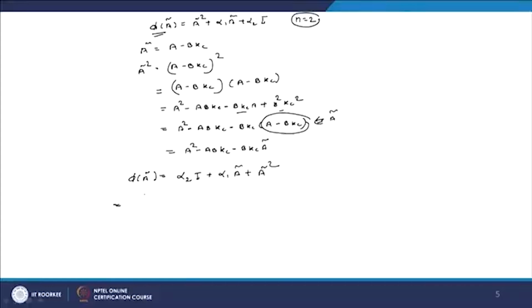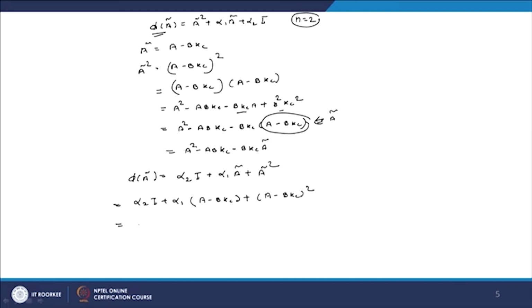This is the equation we have written according to the Cayley-Hamilton theorem. Now we replace the values of A bar and A bar square in these equations. So we can write this as alpha 2 into I plus alpha 1, what is A bar? A bar is A minus B Kc, where Kc is the controller, plus A minus B Kc whole square.